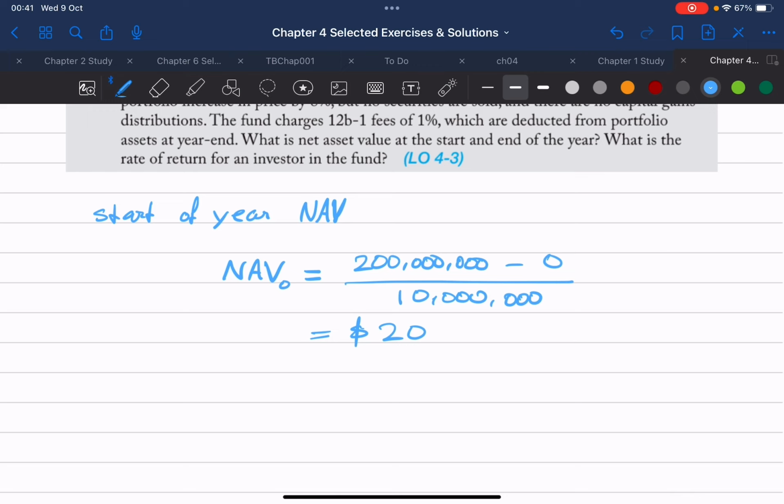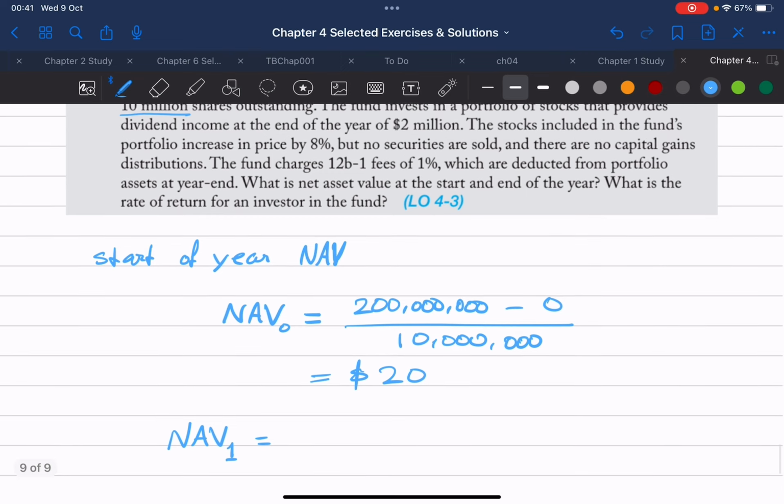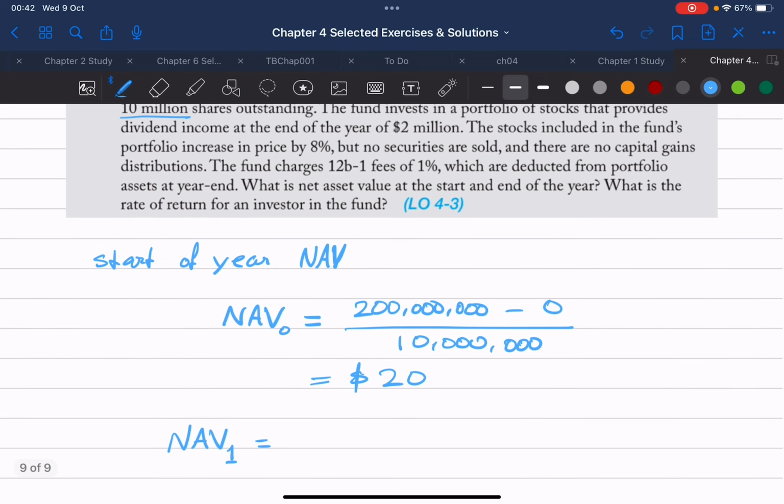Now let's look at the end of year net asset value. We could call it net asset value at time 1, or you could write end of year net asset value. That would equal, here are the changes that happened to the fund's holdings. The stocks within the portfolio have increased in price by 8%, right?